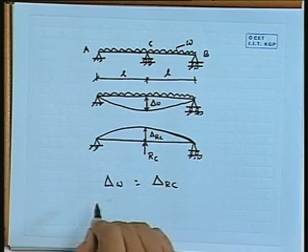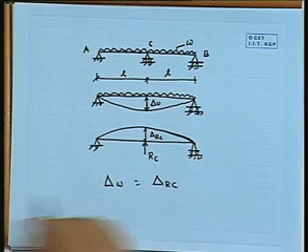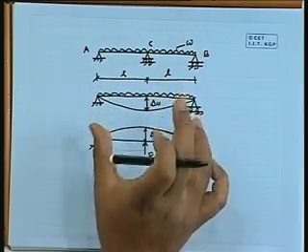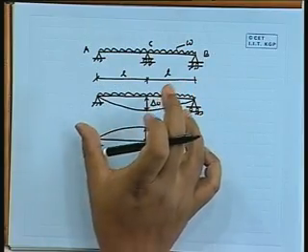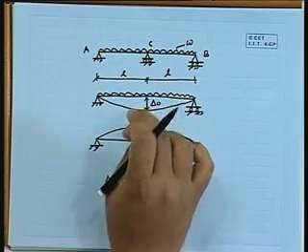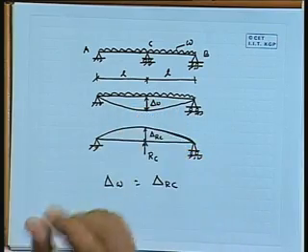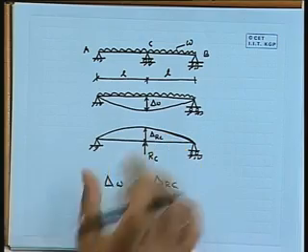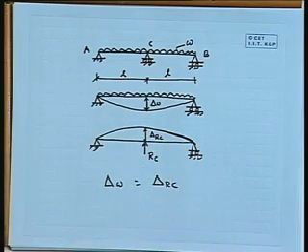Now, this delta omega, delta RC, these values are, this is a simple determinate problem, a simply supported beam fully loaded. So, central deflection we know already, we have the expression. Now, here also it is a simply supported beam with a central load, and for that problem also we have the standard expressions.